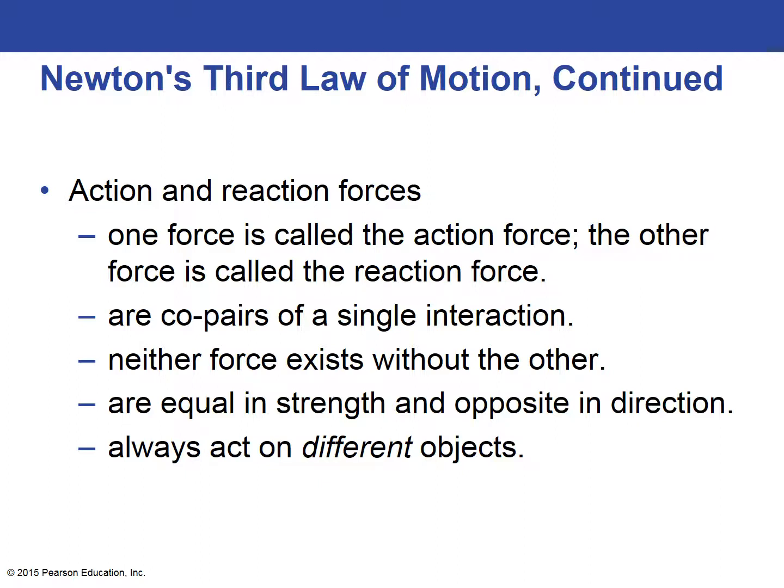So if object A imparts a force of 100 newtons to object B, then object B will impart 100 newtons of force onto object A. They always occur in pairs, and it doesn't matter which one we call the action and which one we call the reaction, but it's true that they always act on different objects.